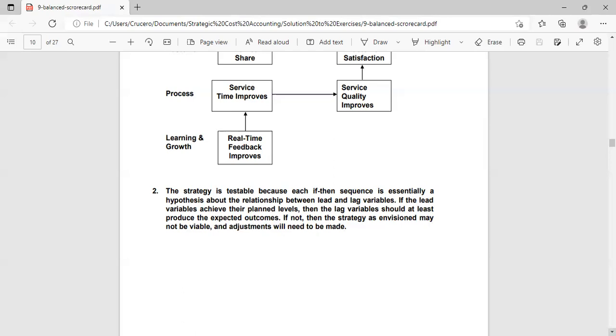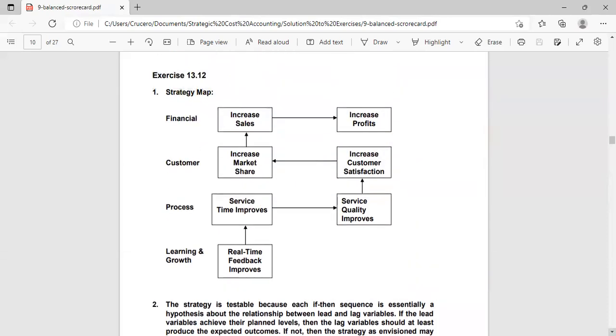In your explanation, discuss the role of lead and lag measures, targets, and double loop feedback. So in here, number 13, we have up to question number 3.